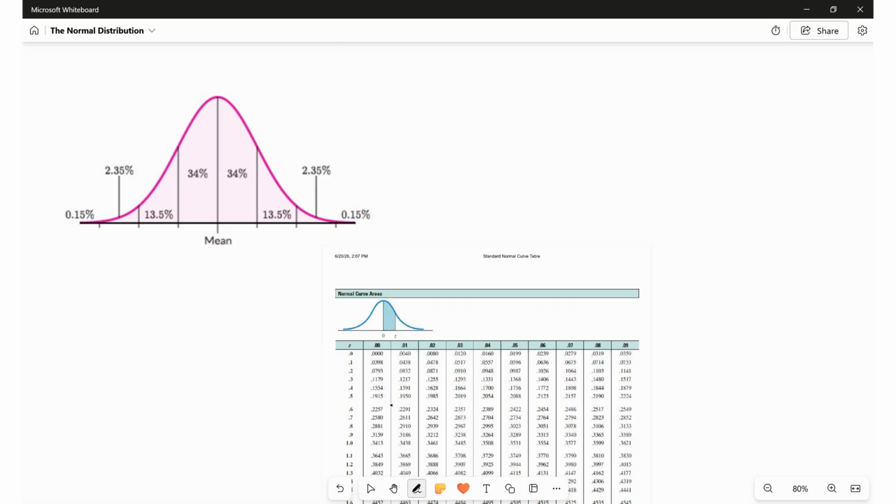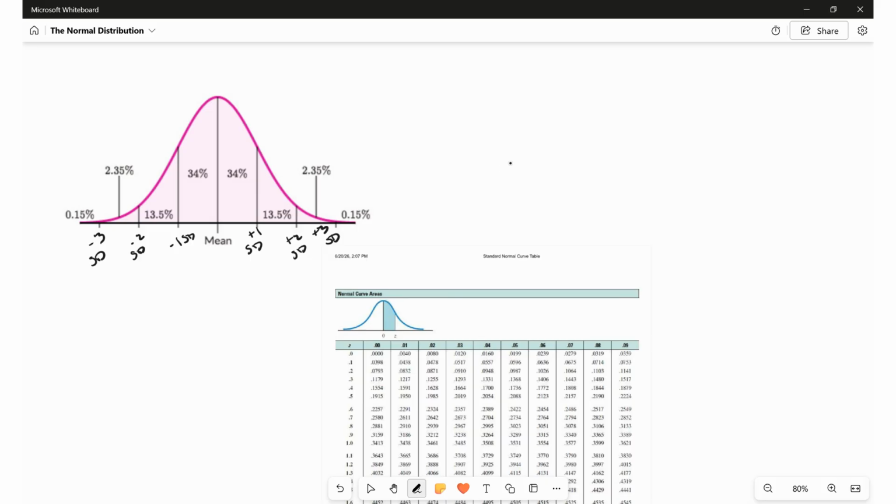And this is really, really helpful for when we want to find things, because this is -1 standard deviation, this is +1 standard deviation, we have +2 standard deviations, +3 standard deviations. Down here we have the -2 standard deviations. We have the -3 standard deviations.